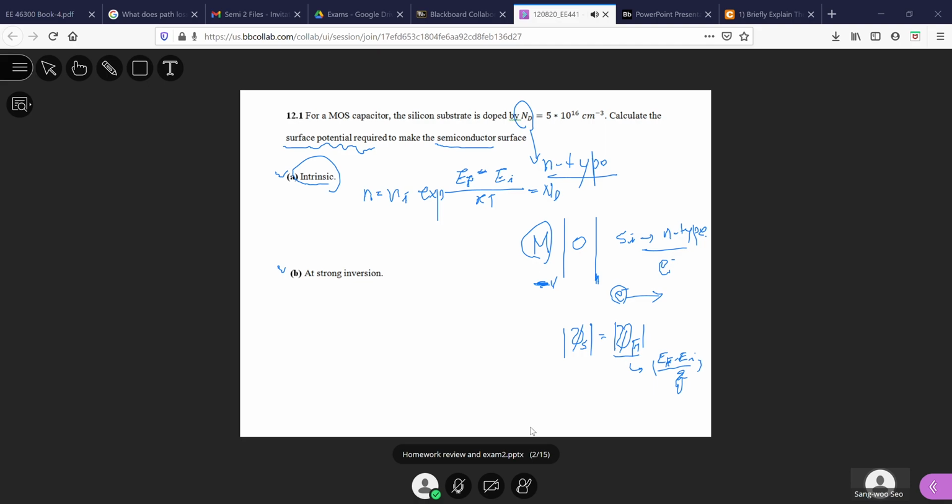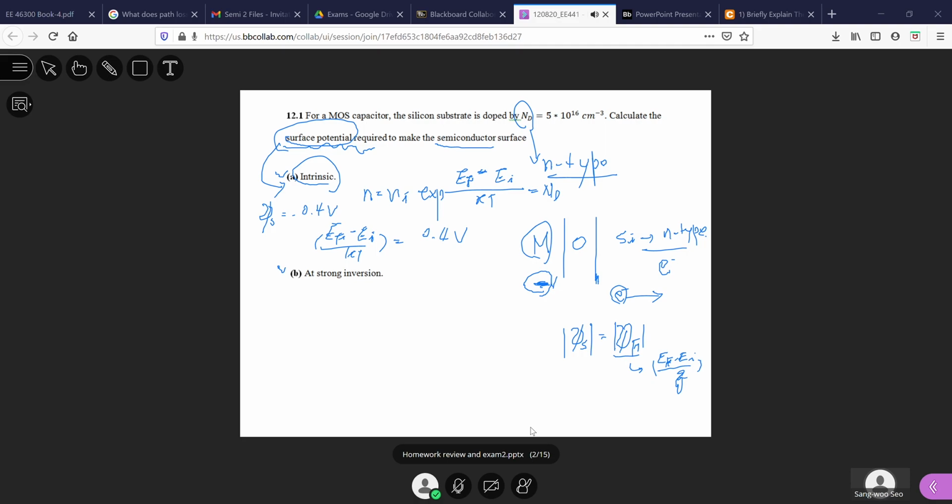So if we calculate this one, Ef minus Ei over kT, this value will be around 0.4 volt, okay? But as you can see, for this structure, we need to apply the negative potential, okay, to make it intrinsic. So the final answer for this surface potential for the A case, we need to apply negative 0.4 volt. Okay?